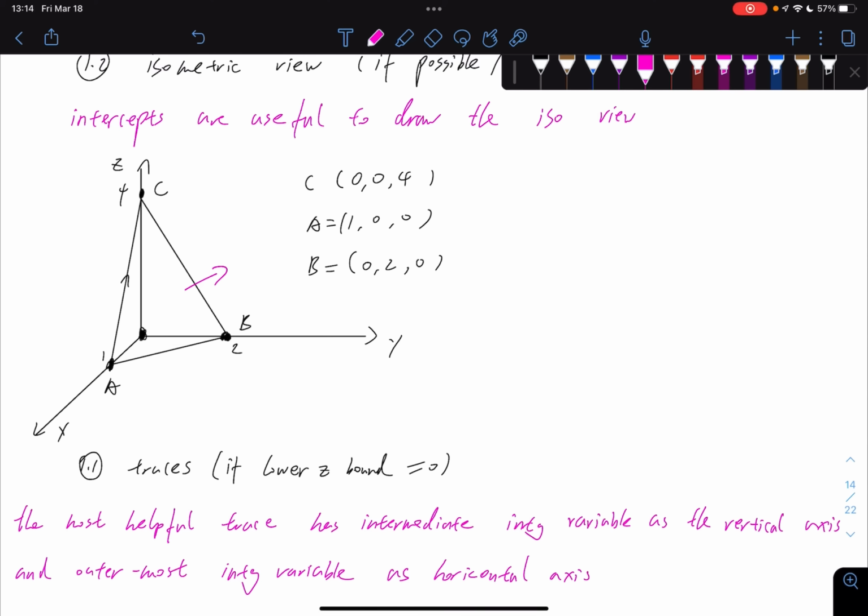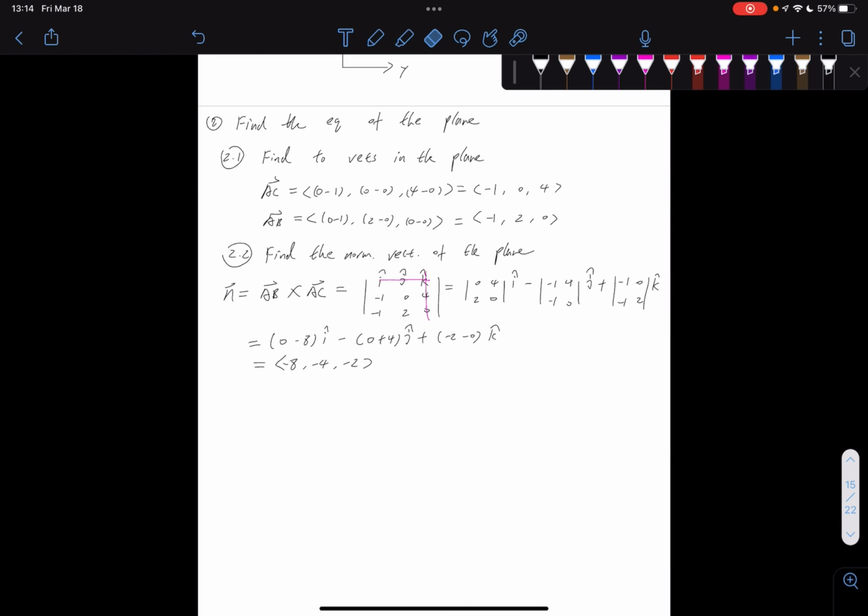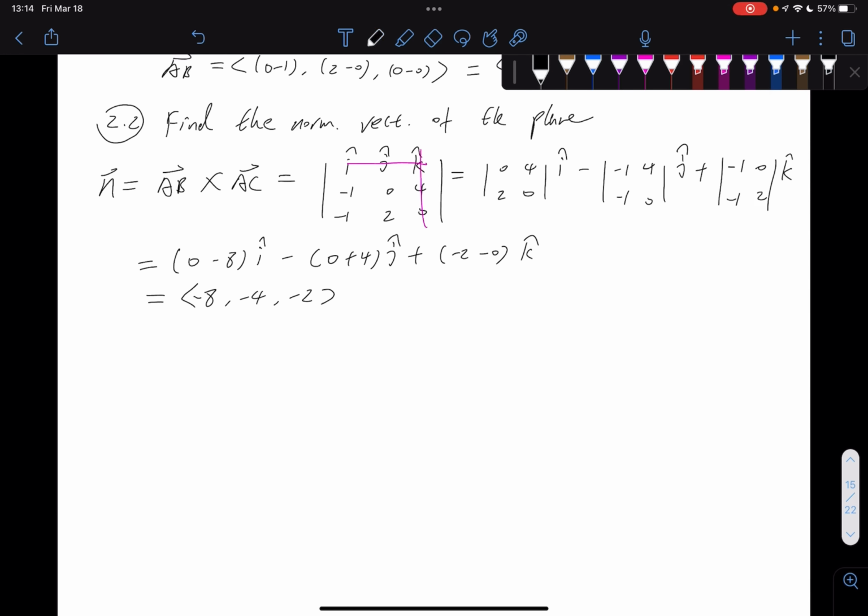When we're trying to find the equation of the plane, the opposite of this vector also works. It's now the outward pointing normal vector of the plane. So I'm just going to say n equals -n. You don't have to do this, but I'm making my computation a little bit easier: 8, 4, 2. Okay.